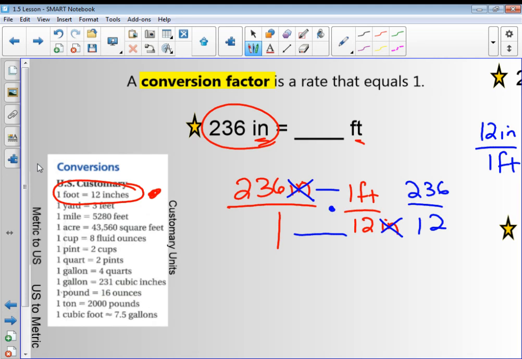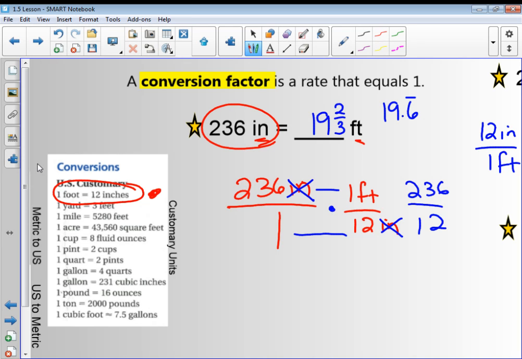So 236 divided by 12 gives me 19.6, or 19 2/3. If you're writing it out, I will accept 19.6 repeating as a final answer. Mrs. Akola-Sabin may ask you to use it as a mixed number, okay?